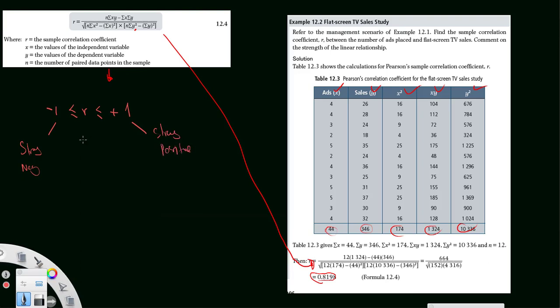Your value should always be somewhere around there, and that's how you can interpret it.